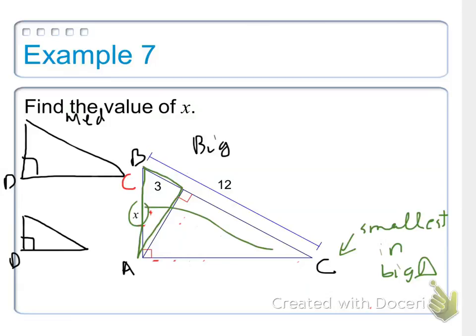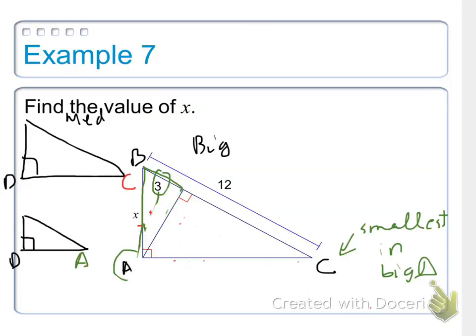X was smallest, it went over to here. So what we want to do is figure out what's the smallest in the small triangle. Well, it looks like 3 is the smallest side, so it's opposite A, so A must be the smallest angle. And I want to put that right here. So A corresponds to C, which corresponds to C in the big one. Okay. So I got those there.